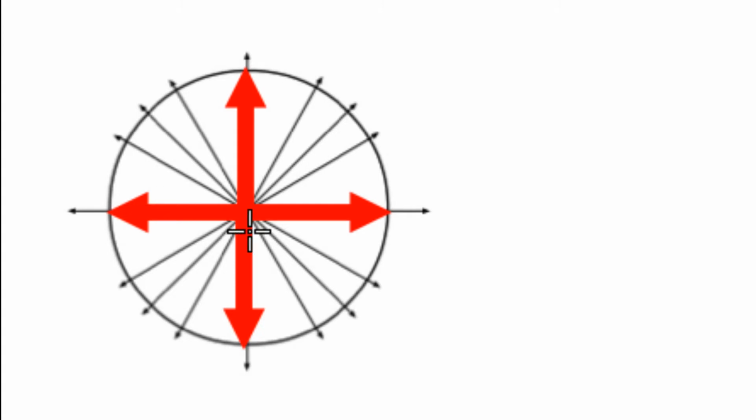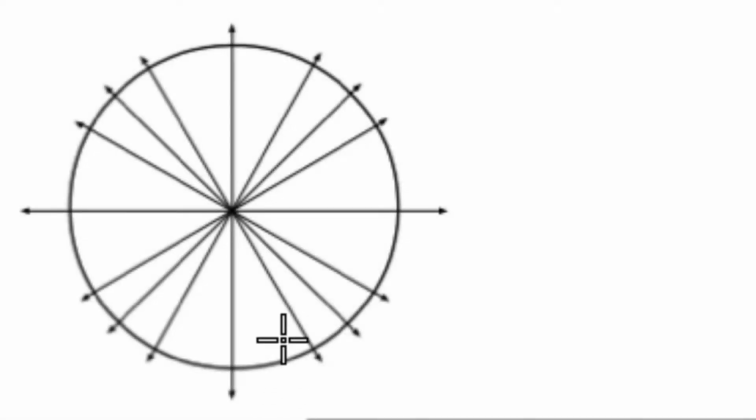Now, in this course, for most of the time, we're only going to be concerned about angles from 0 to 180 degrees. So angles beyond 180 degrees all the way up to 359 degrees, we're not going to be concerned with.